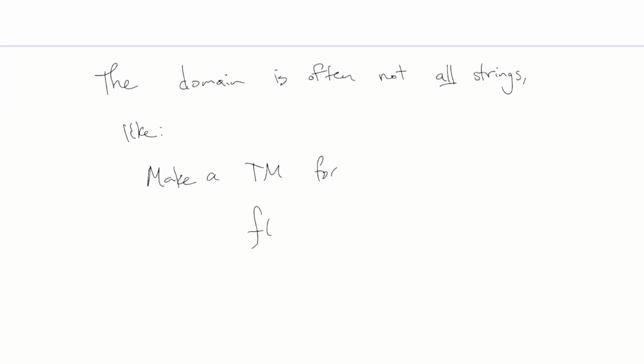F of b to the n, a b to the n equals b to the n, a squared b to the n. So this is a function which you don't just plug any old string into. You can only plug strings of this format into it. That's what I mean: the domain is not all strings here.